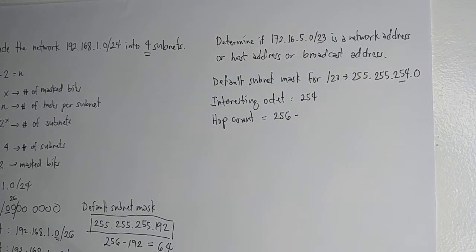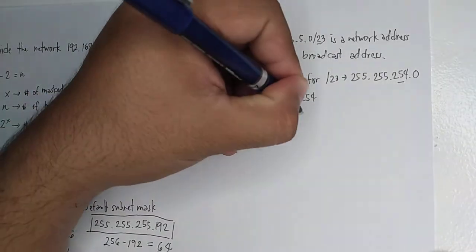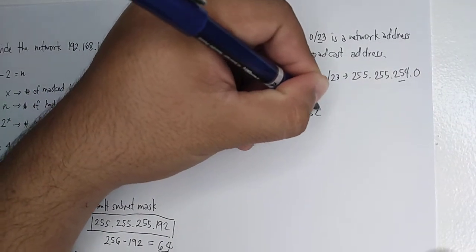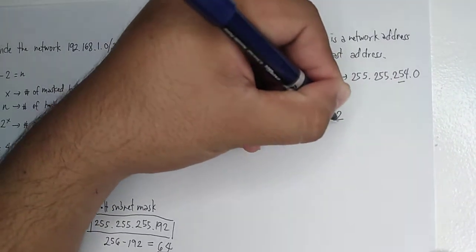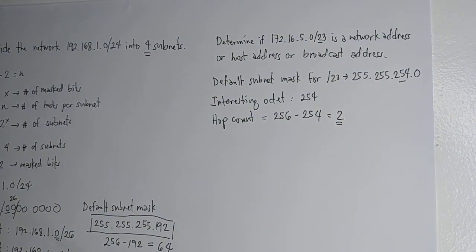It is 256 because we are including the 0 in our octet. So that's 256 minus 254, giving us 2 hops for our address.